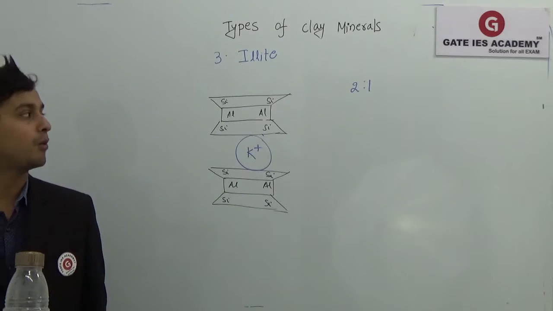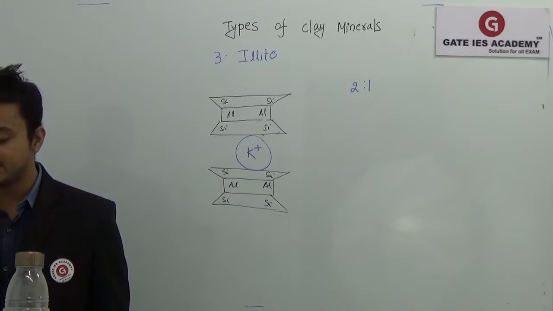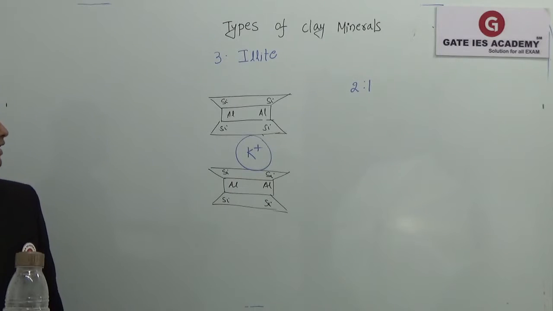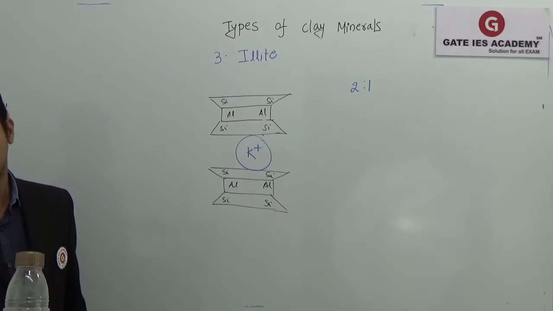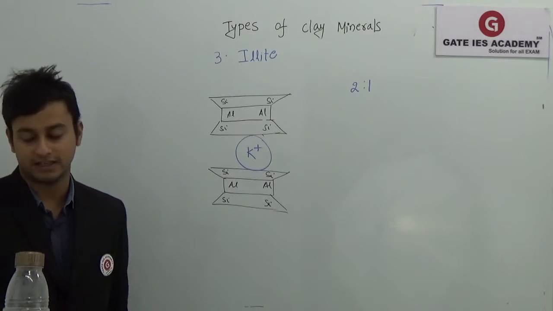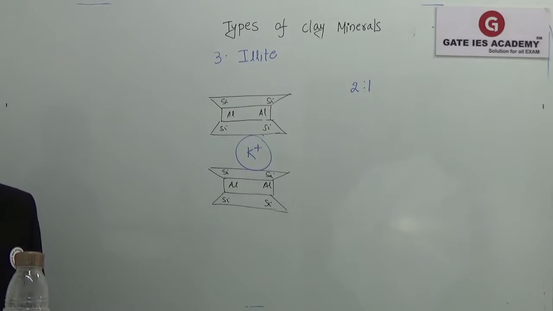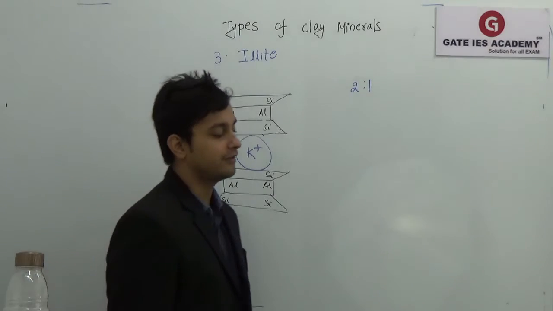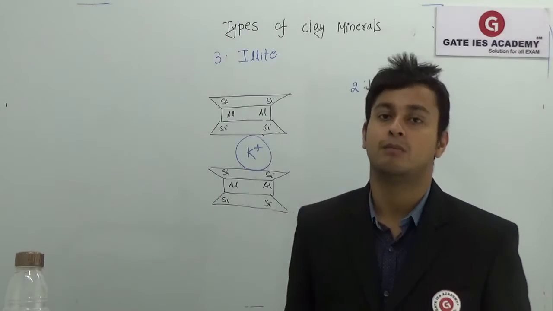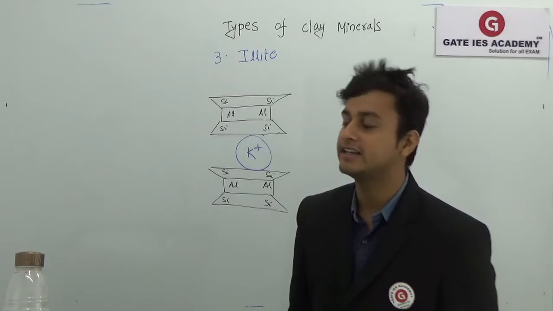Potassium ion bonds the two negatively charged surfaces of the silica sheet tightly. Okay, full stop. Then write down, it is lesser active than montmorillonite. Obviously it will be lesser active than montmorillonite, but greater than kaolinite.